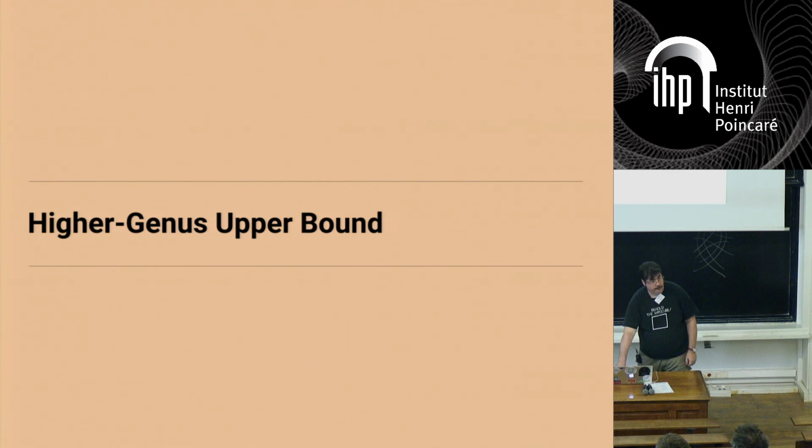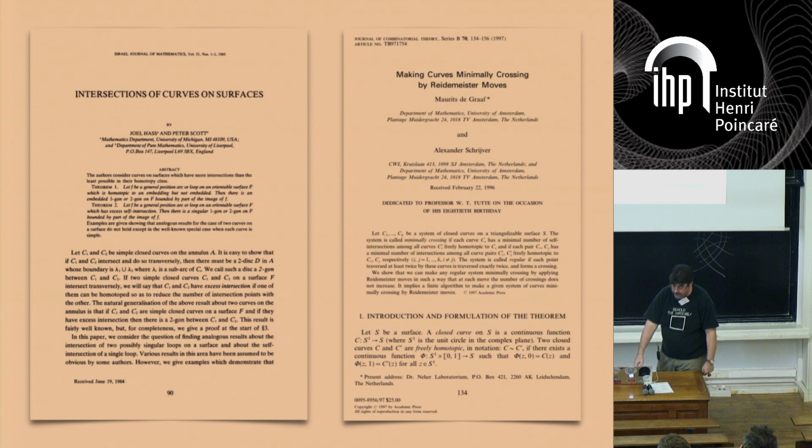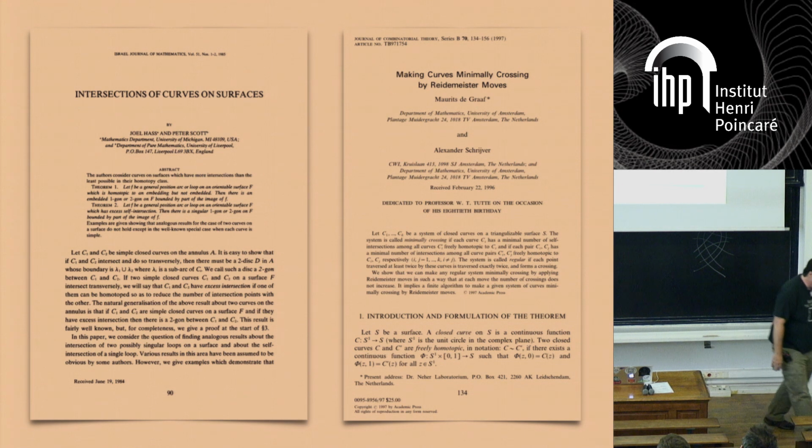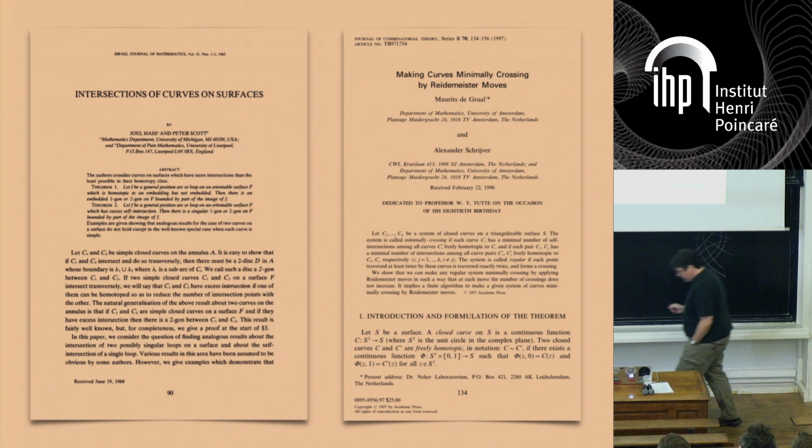What about the upper bound? Well, so we were actually able to prove, all of us in this room, a polynomial upper bound for higher genus curves. And basically, most of the hard work was done in these 2 papers.